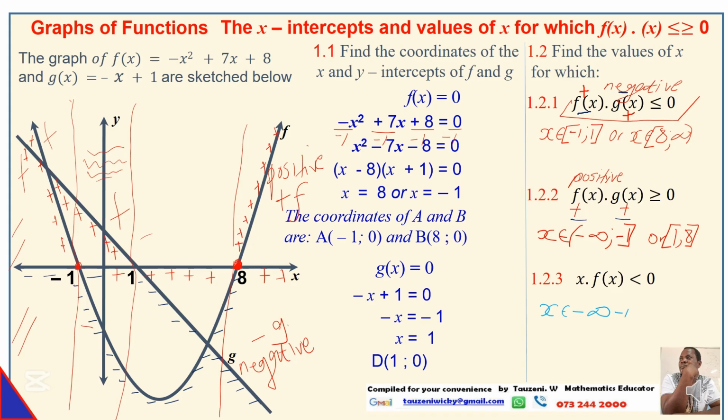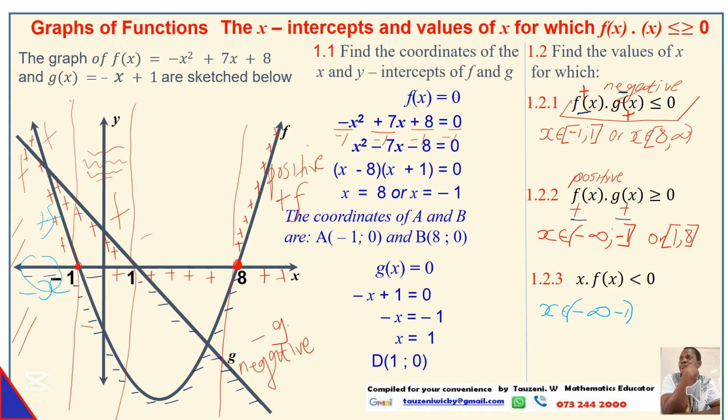From negative infinity up to negative 1, we have that situation where the x-axis this side is negative, but the function f is positive. This is my graph f is positive. So if I multiply a negative x this side by a positive f, the answer will definitely be a negative answer.